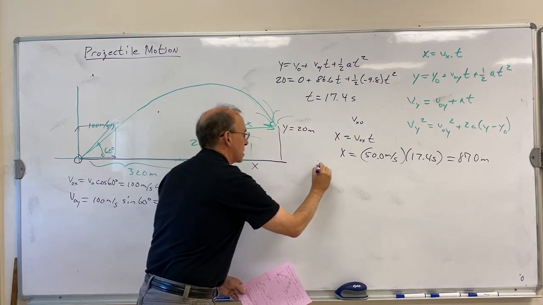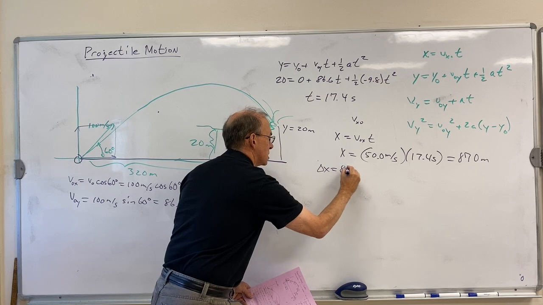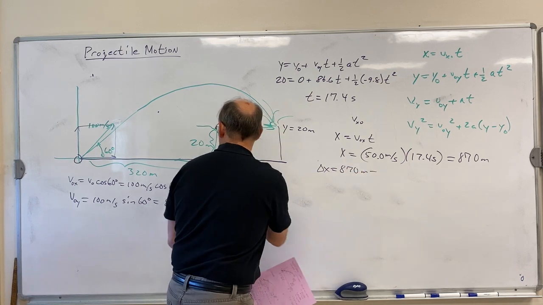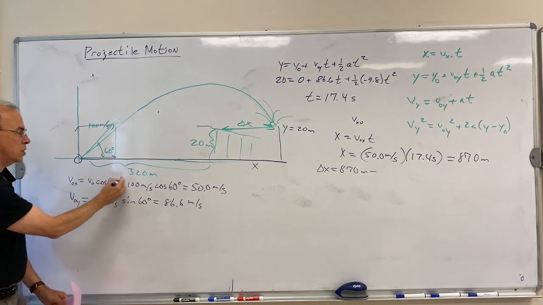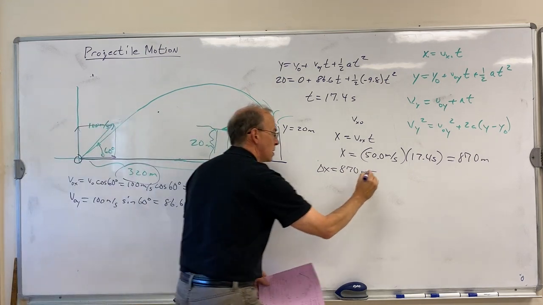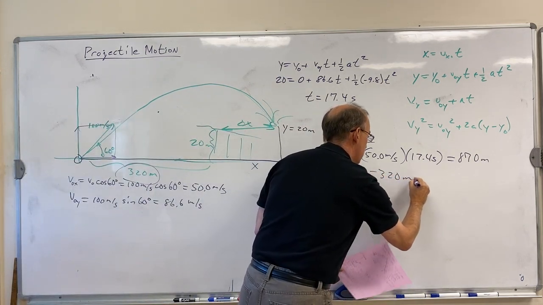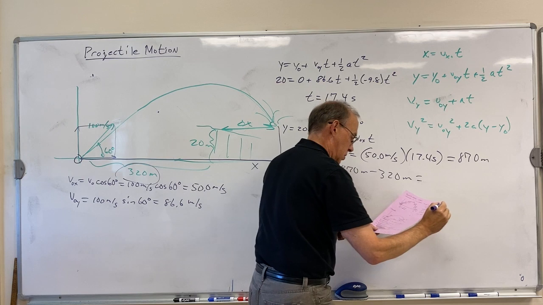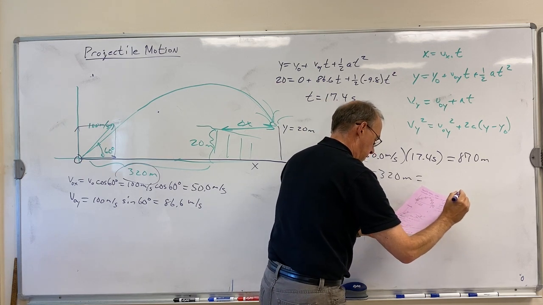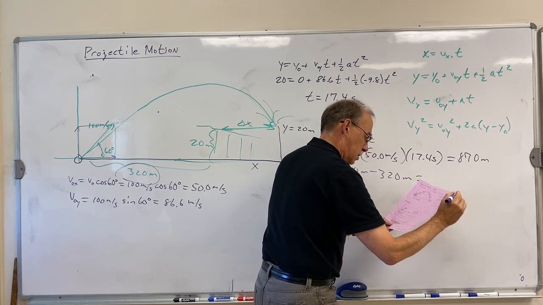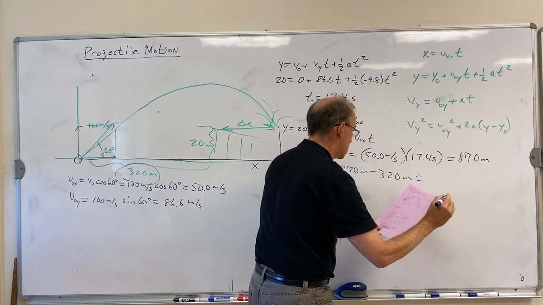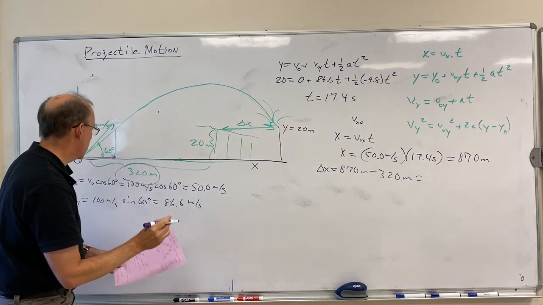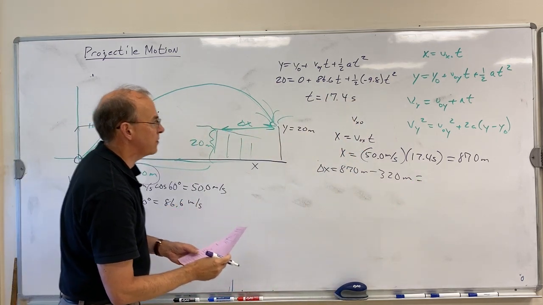So delta x is 870 meters minus 320 meters, 870 minus 320 is 550 meters.